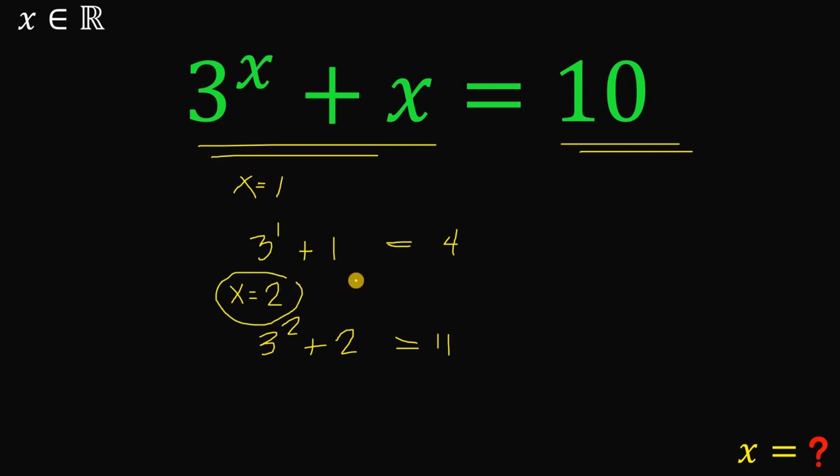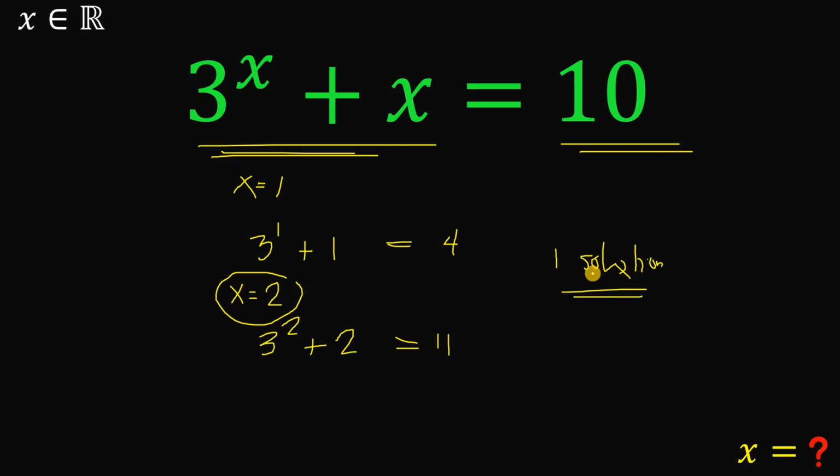But not 2, of course. Now the question is, how do we get this value? Also, since this is strictly increasing and this is a constant, definitely we have only one possible real solution to this question.